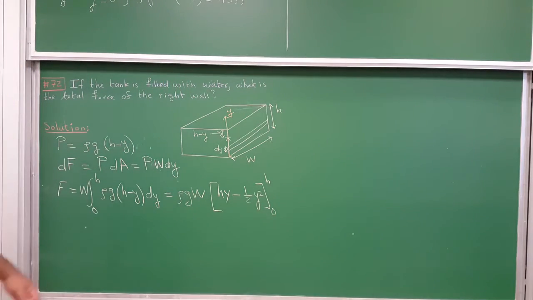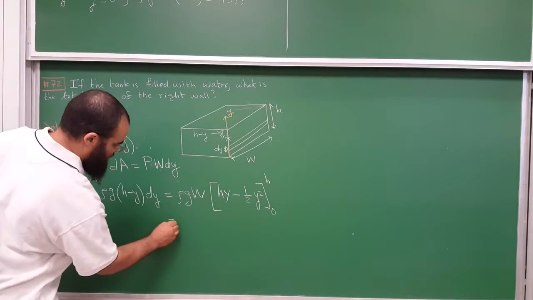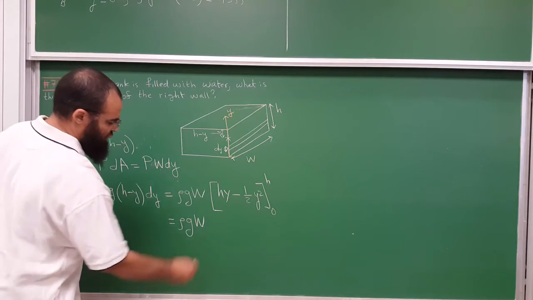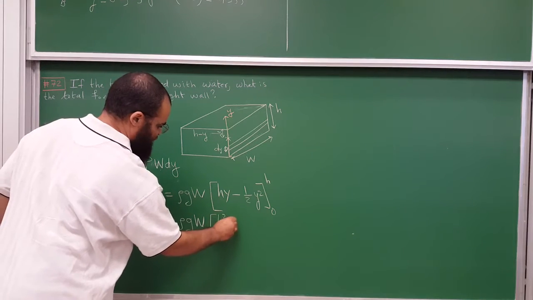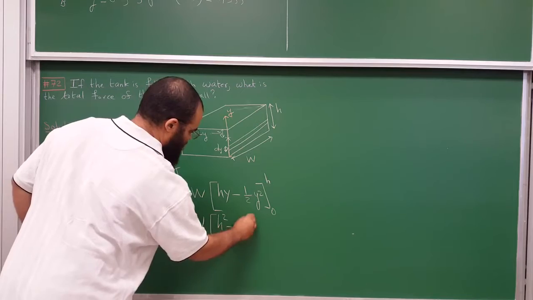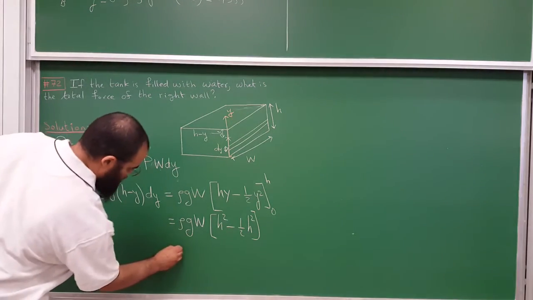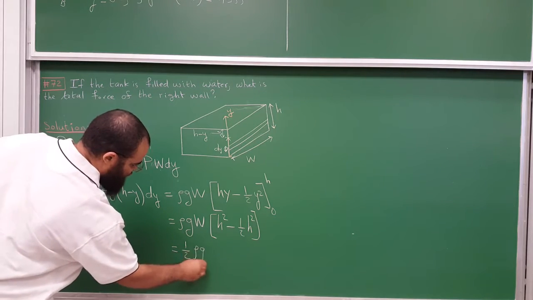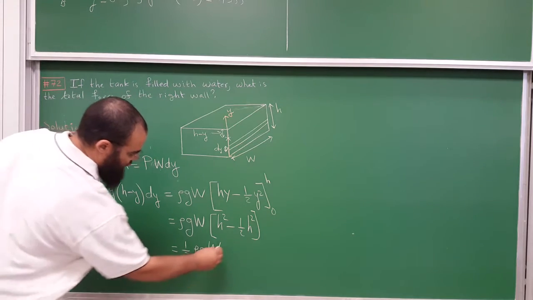And, well, we get rho g W, and then h times h will give me h squared minus 1/2 of h squared. So that's half of h squared. So we get 1/2 rho g W h squared.